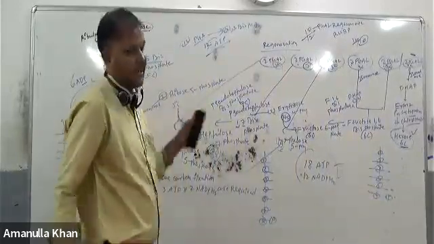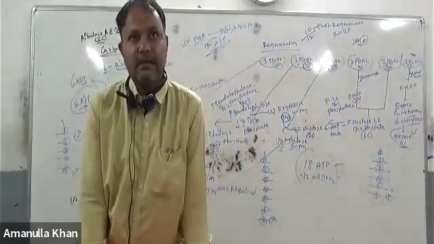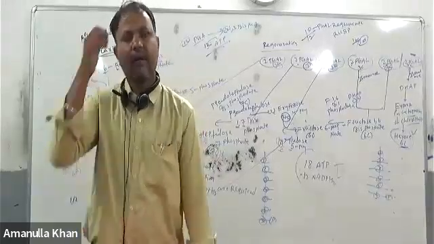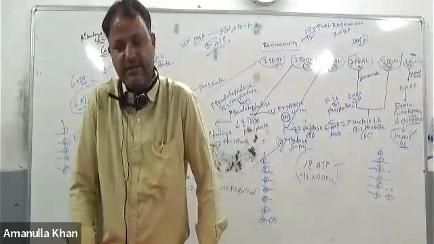So the Calvin cycle occurs in the mesophyll cell of the leaf. And this Calvin cycle occurs in almost all dicot plants, right? The Calvin cycle occurs in 3 steps: carboxylation, reduction, regeneration.